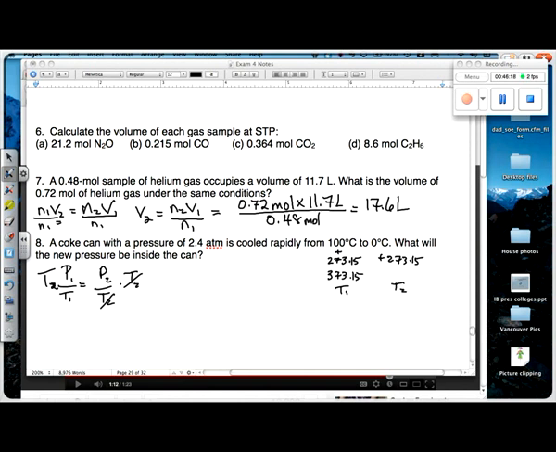So 273.15 times P1, 2.4 atmospheres, divided by T1, which was 373.15.